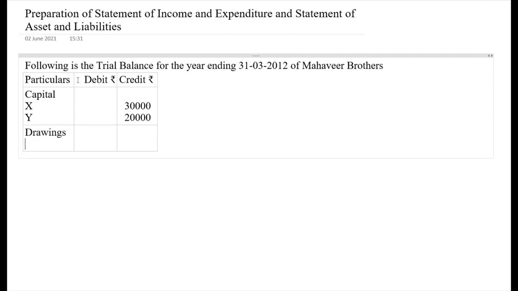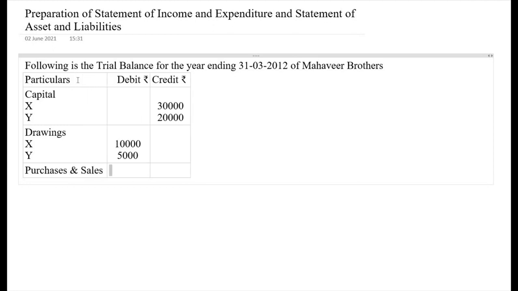Drawings X, Y, 10,000, then 5,000. Then purchases and sales: purchases are given as rupees 1 lakh, whereas sales are given as rupees 2 lakhs.